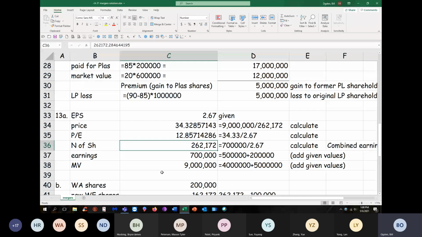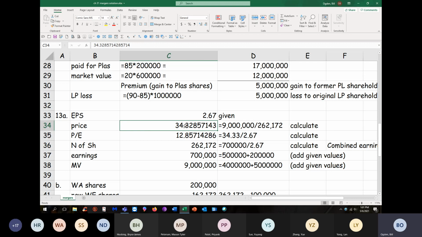Right? And then I guess we got to jump up one here. Let's get a price. So if we have 9 million in value, that's right here. We have 9 million in value, and we distribute this among 262,172 shares. That implies a single share value of 34.33.